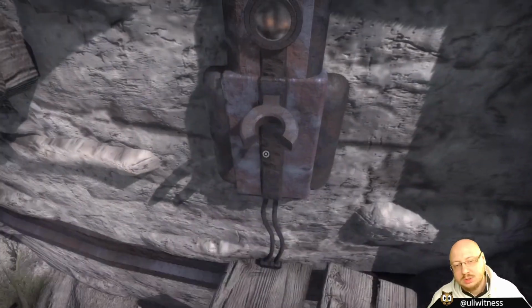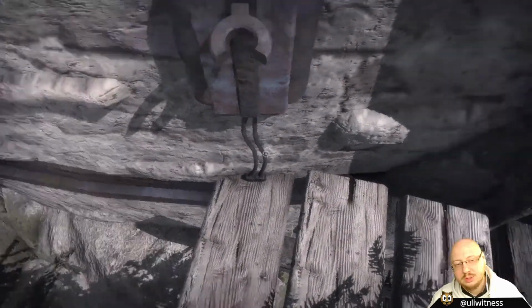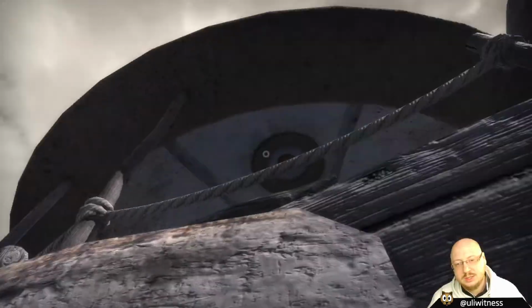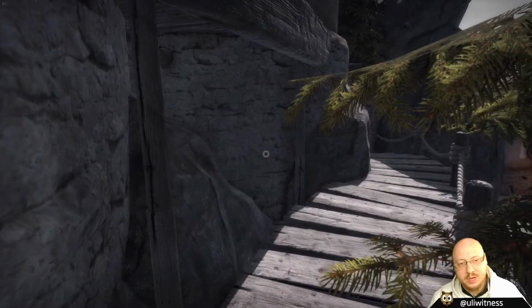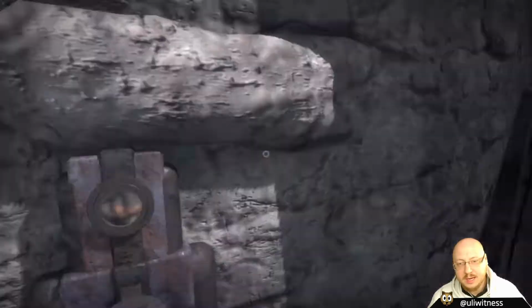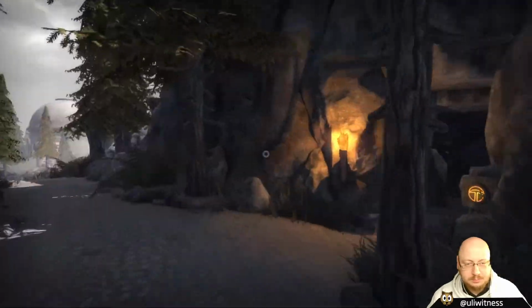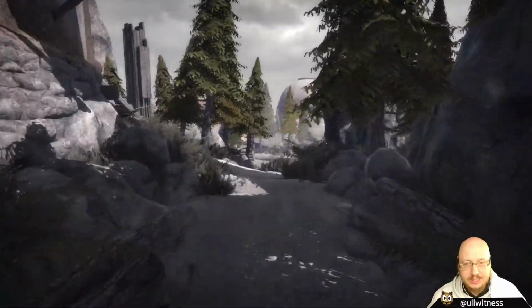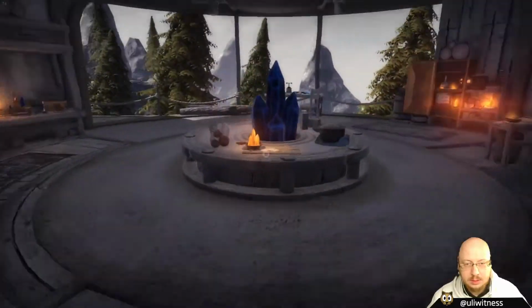So this is probably something where we maybe rotate the entire building, and that way maybe we get an exit to back out there. Just a random theory.